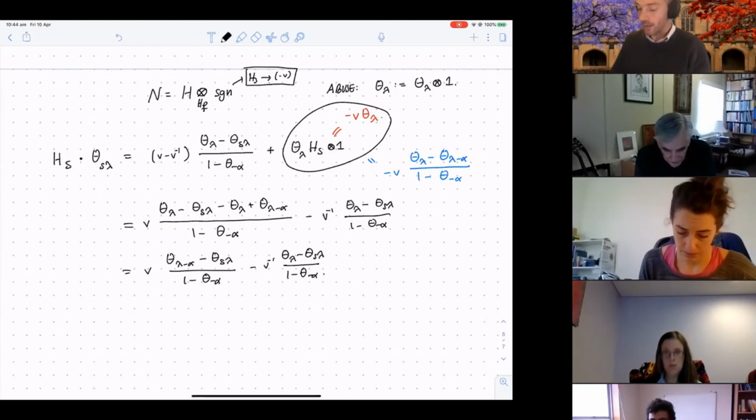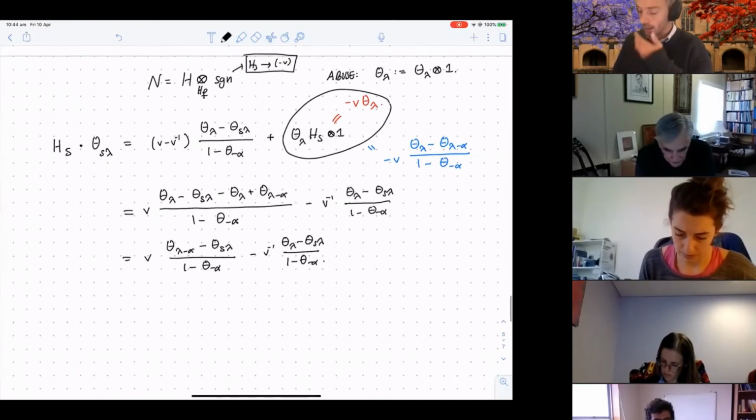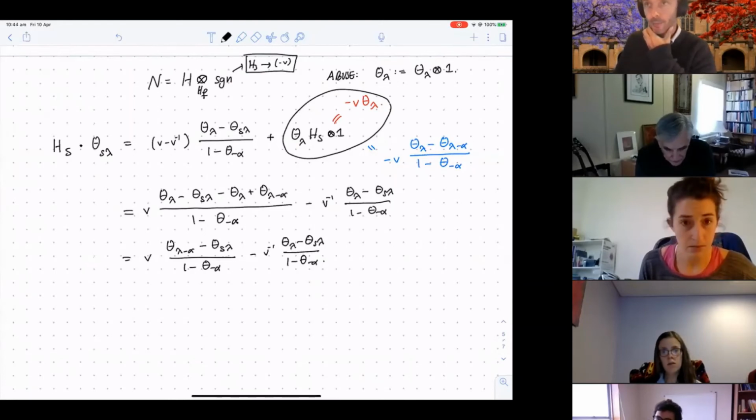And I'm not sure how much you know and love Kazhdan and Lusztig theory, but a general principle in Kazhdan and Lusztig theory is that this generator is a bit annoying.